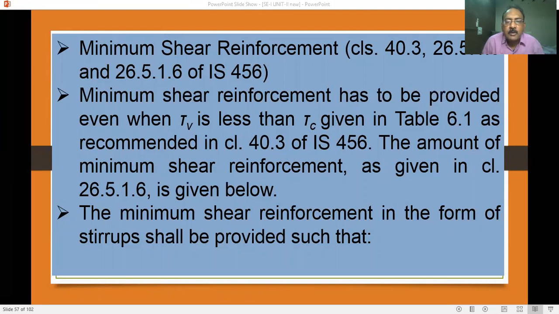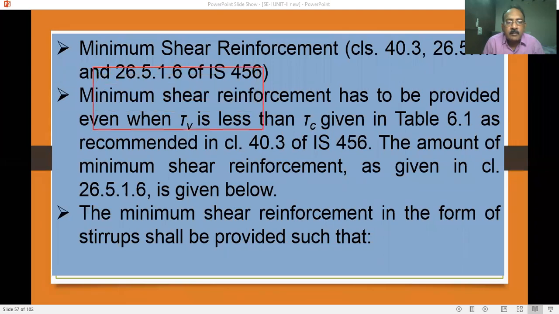Always you should remember how to see this. As per clause 26.1, this is minimum shear reinforcement. There, he mentioned minimum shear reinforcement.